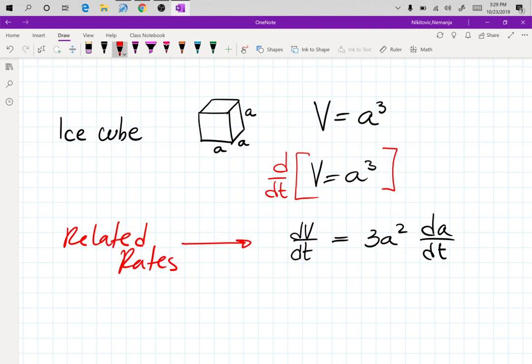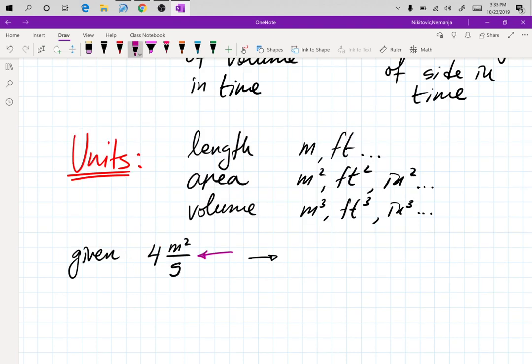Okay, good. Now, division means what? What does it mean to divide? It's a ratio, it's a rate. Okay, good. So what is this rate when you're looking at the units?